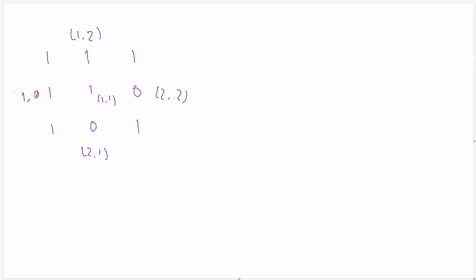Column 0. Row 1, column 2. Okay. This is rows 0, 1, columns 0, 1, 2. Yeah, so that one up there is incorrect. This is row 0, column 1. Okay.